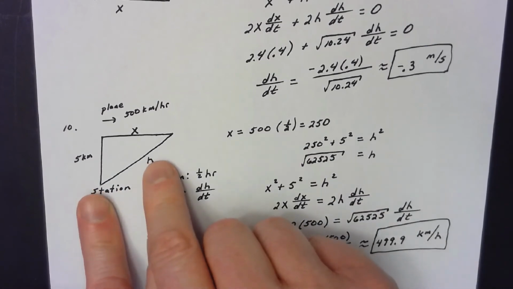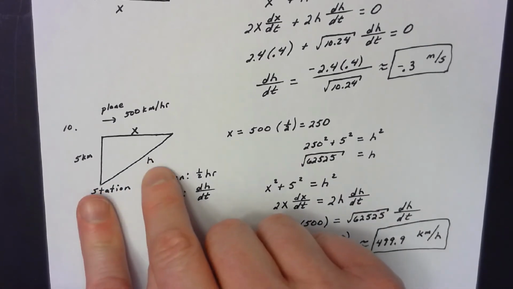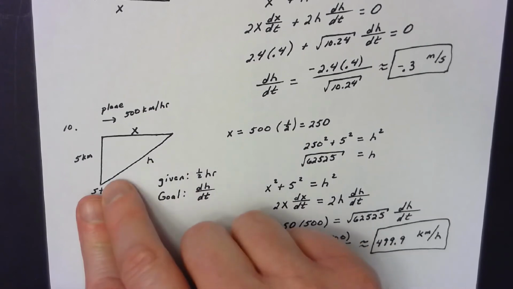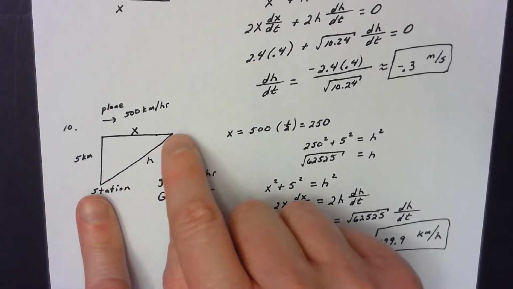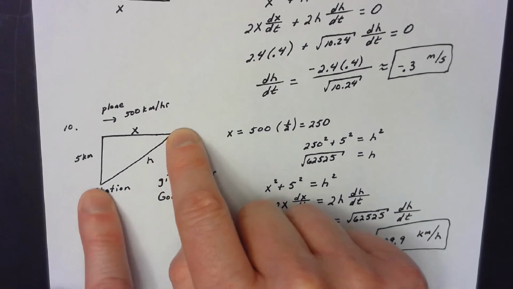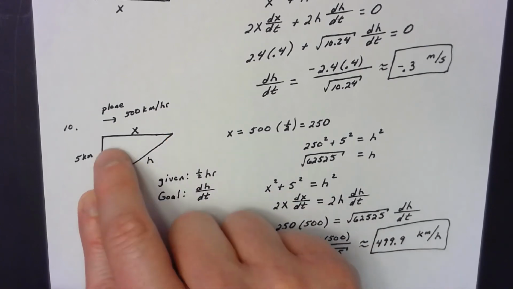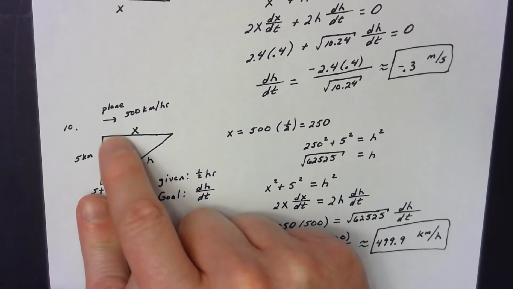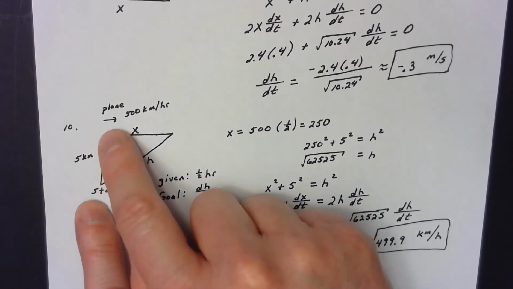What the book asked us to do here is label the distance between the station and the plane at the point of interest as h. It said that the plane was flying at an altitude of 5 kilometers, so that's where this came from.